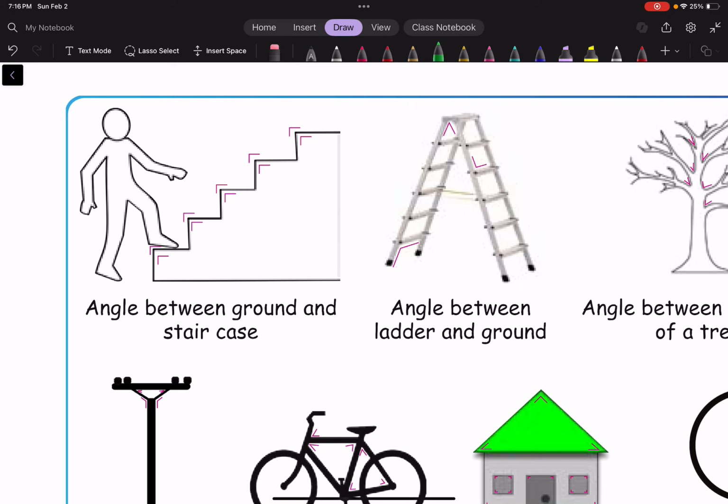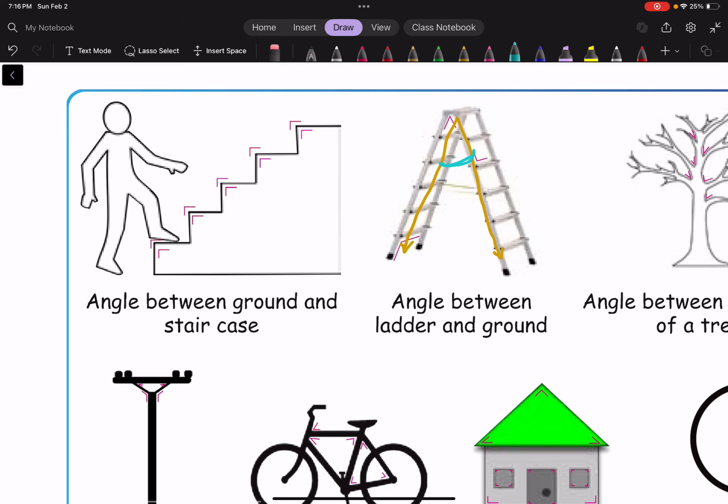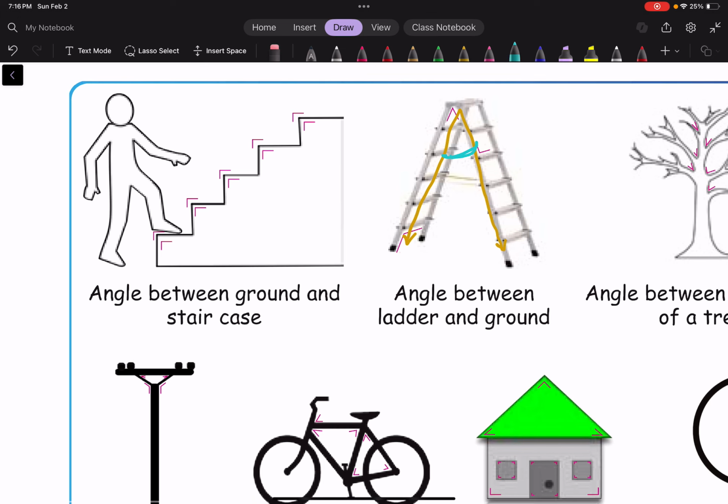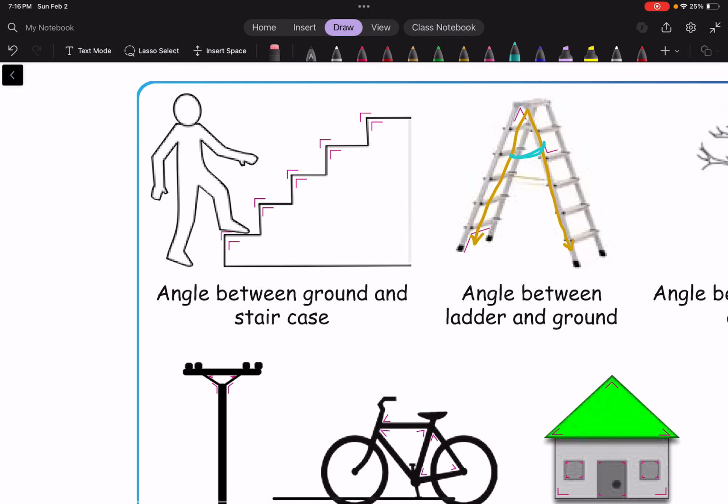This is around 90 degrees, and even the tilt that you see. Let us assume this as one stick and this as the other stick. So this is the angle between two particular ladders. And even in the stairs that you use on a daily basis, we have 90-degree angles everywhere.